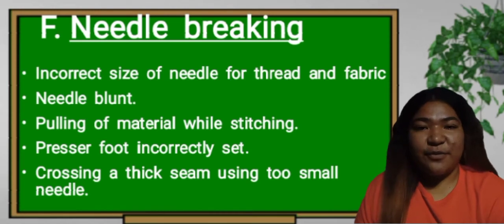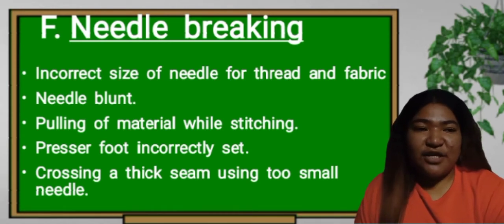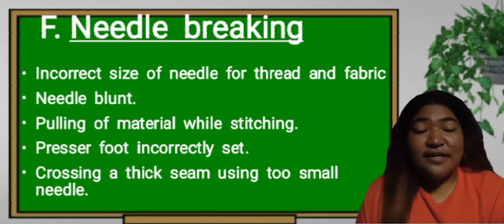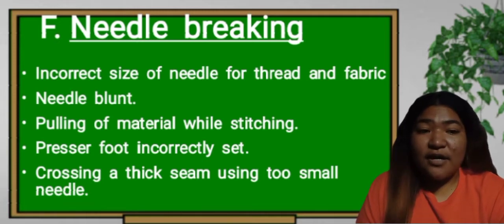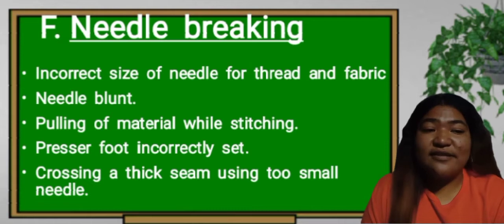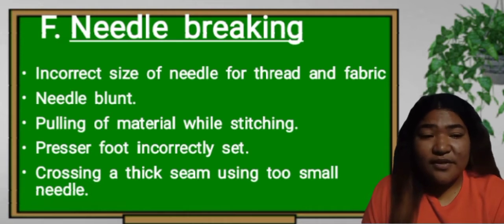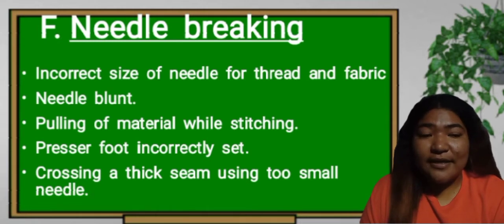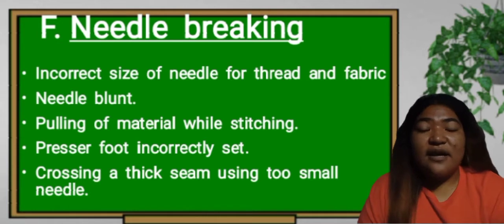Next is needle breaking. A sewing machine needle can break for a variety of reasons. Sometimes it is operator error, and sometimes the needle is damaged, the needle is not correctly inserted, they use the wrong needle for the fabric, or the wrong presser foot is attached.